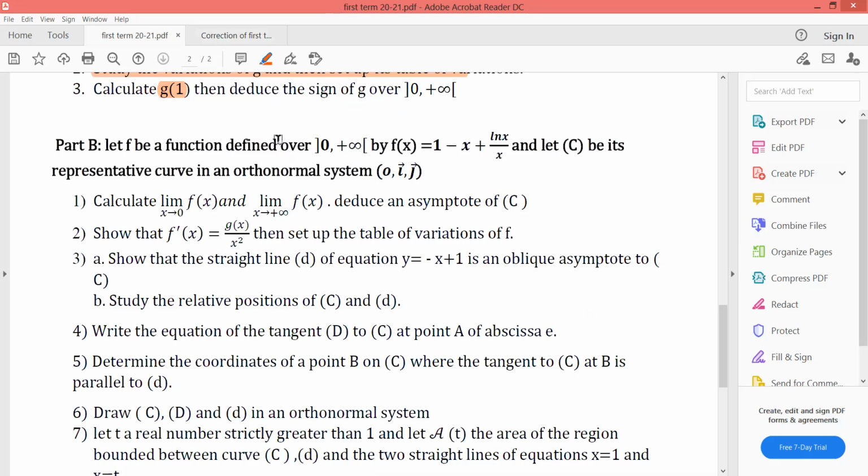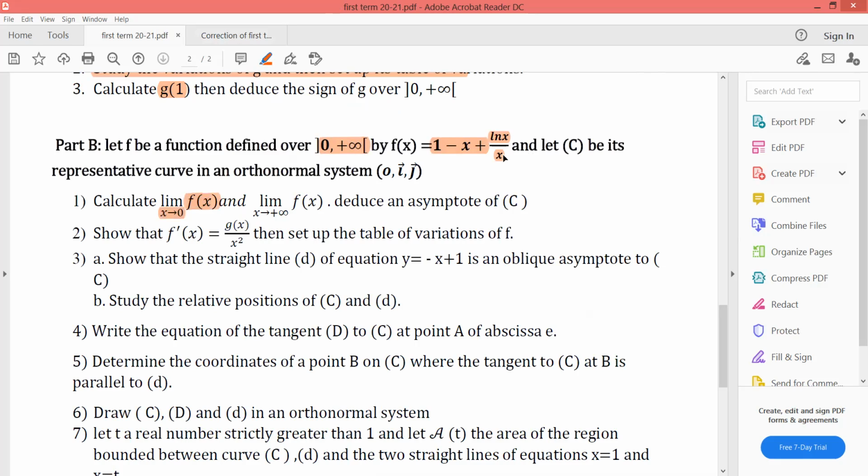We have another function f(x) defined on 0 plus infinity also by f(x) = 1 - x + (ln x)/x, and C is its representative curve. Once again, we need to calculate the limit as x tends to 0 of f(x).